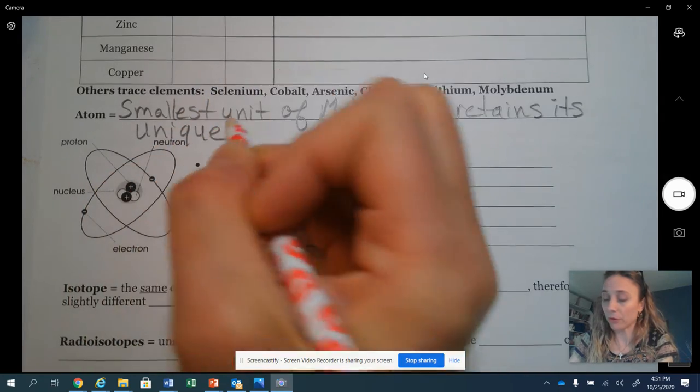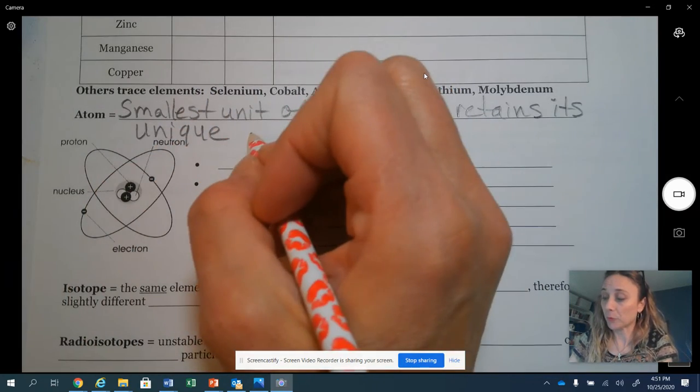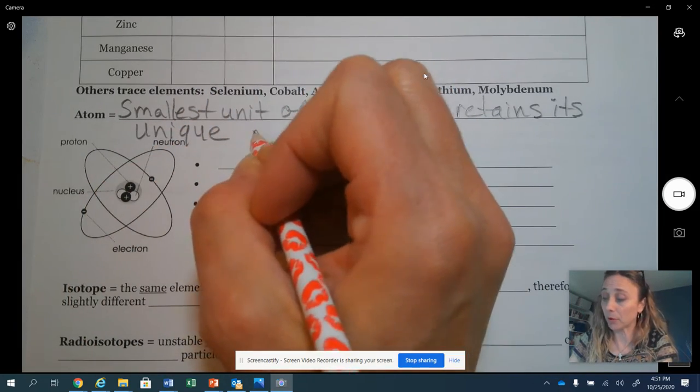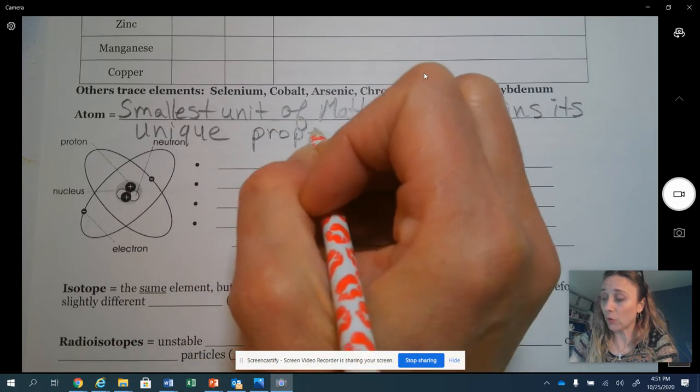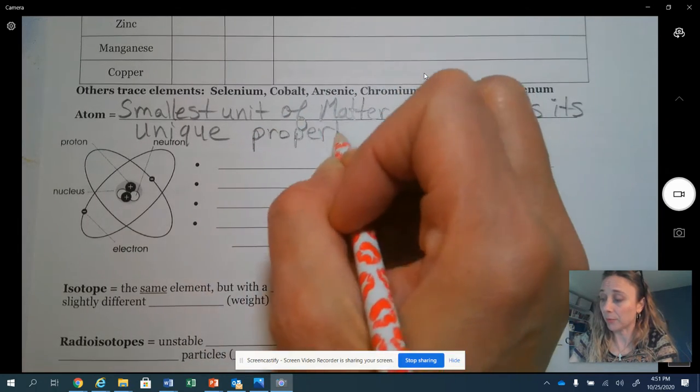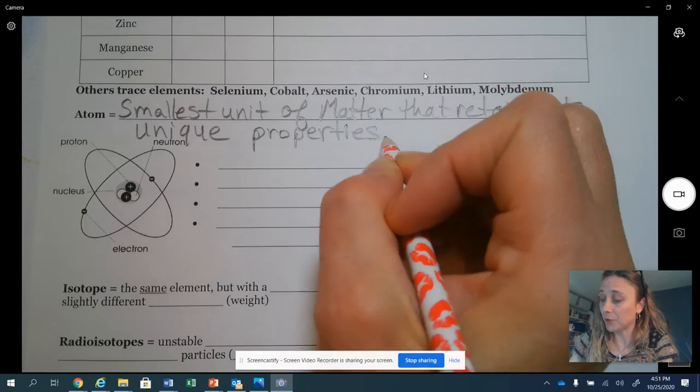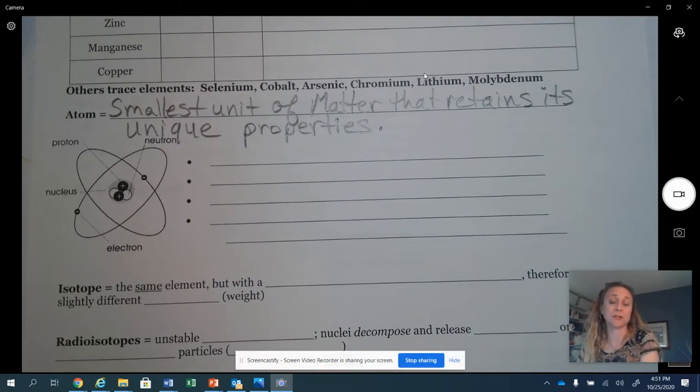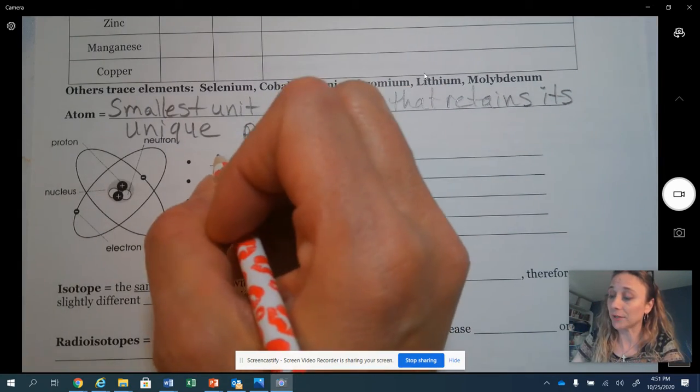Atoms are made of other types of matter. We call those subatomic particles, but they don't have their own individual, distinct, unique properties. Atoms do, because they're different combinations of your protons, neutrons, and electrons.